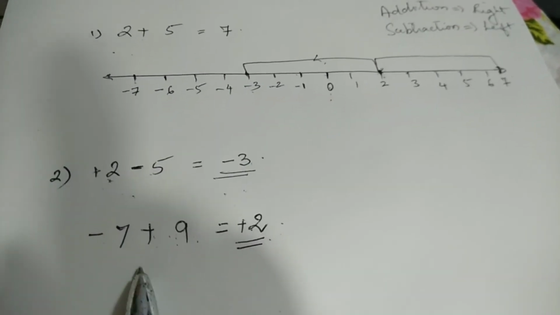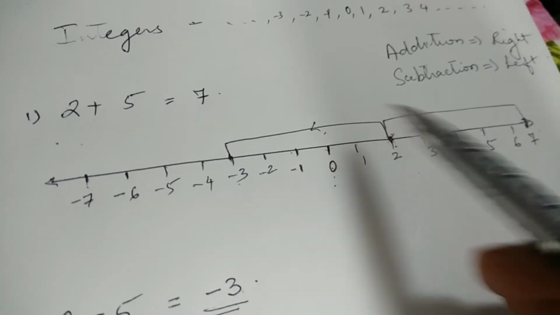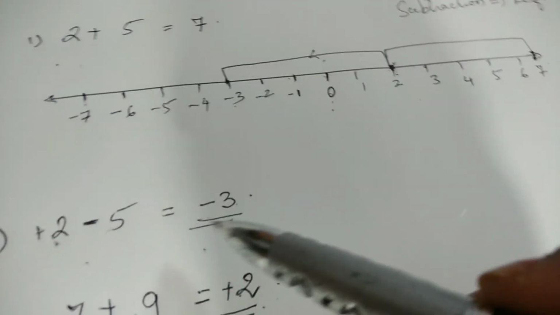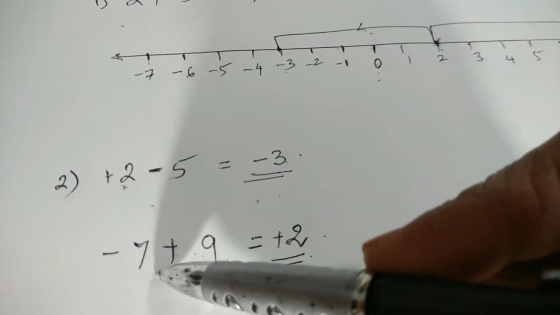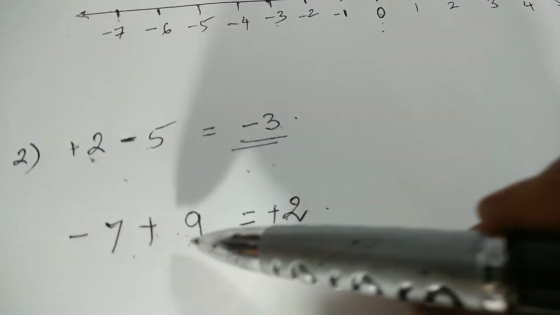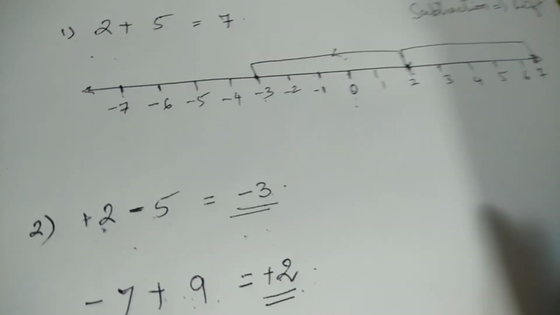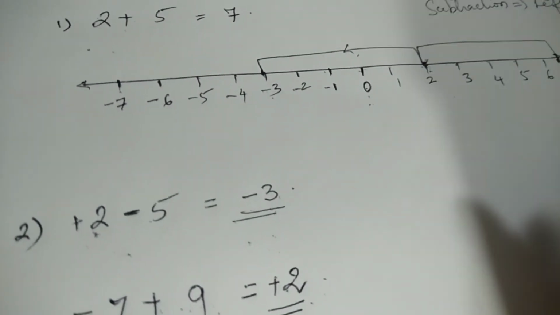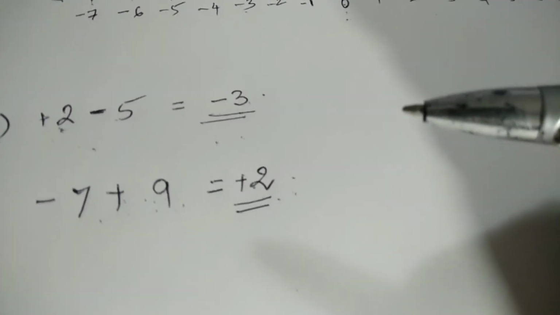It is just to make you visualize and justify your answer, why we are getting the answer in minus, and how we can add positive and negative numbers together. For that, the number line is good for understanding, and you can verify your answer with your knowledge of addition and subtraction of integers.